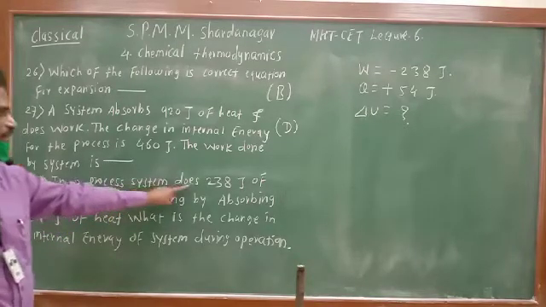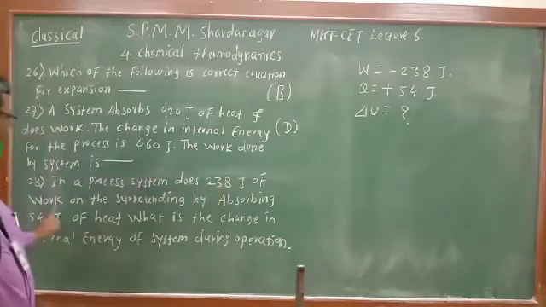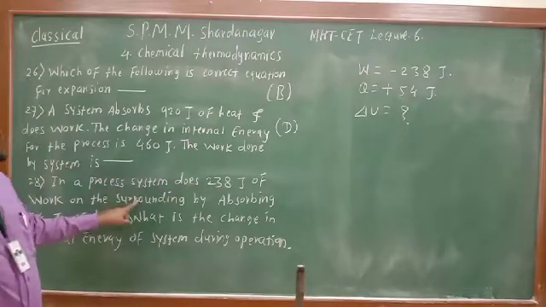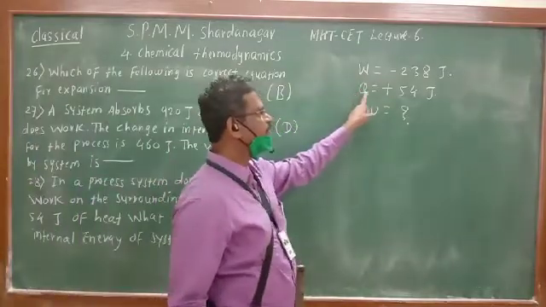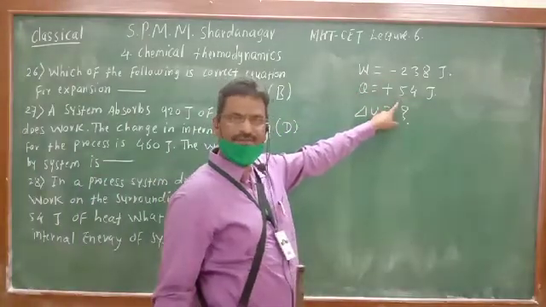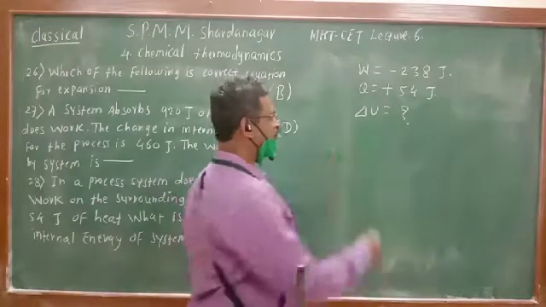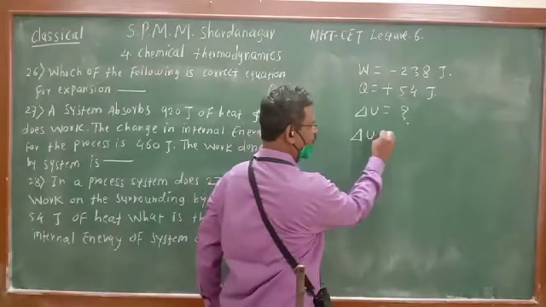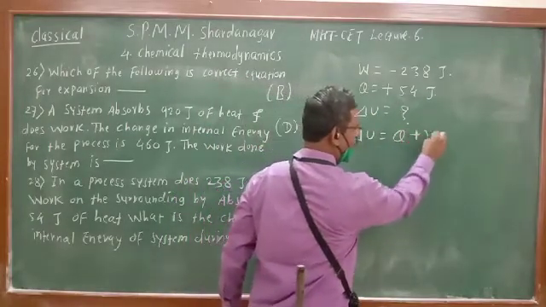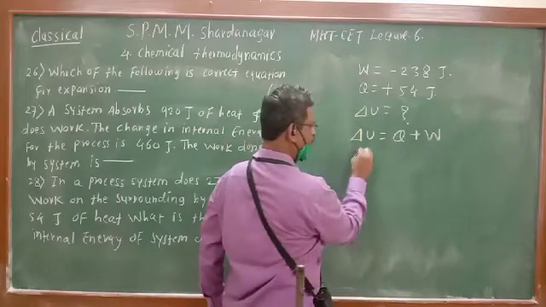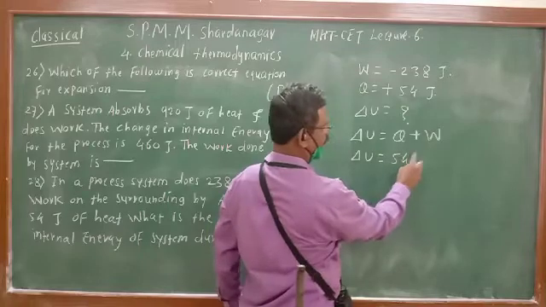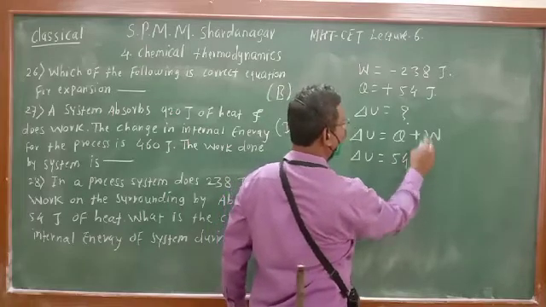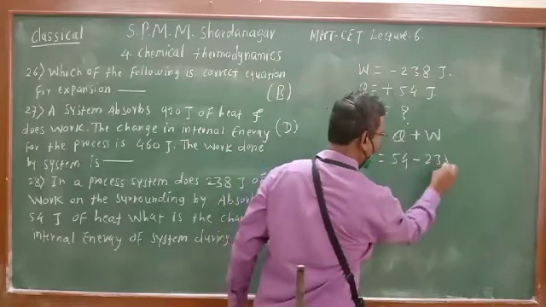System to surrounding, work of expansion, so negative. By absorbing heat, absorption is positive. We have to calculate delta U. So according to first law of thermodynamics, delta U is equal to Q plus W. So delta U is equal to Q 54 plus W, W we have minus 238.